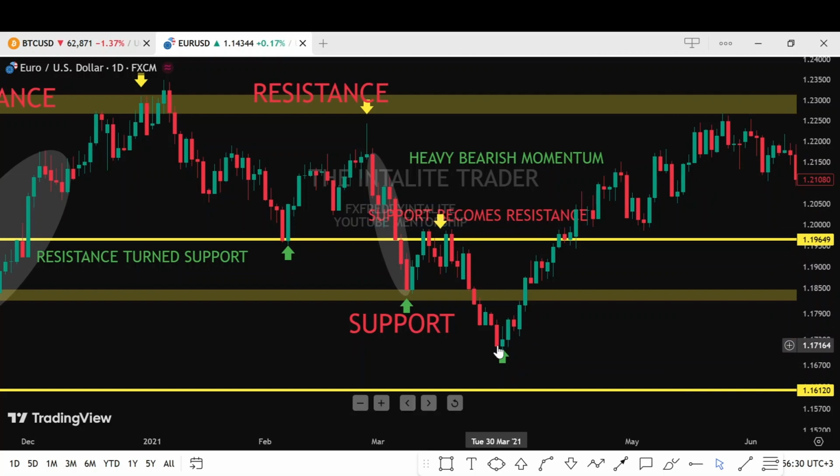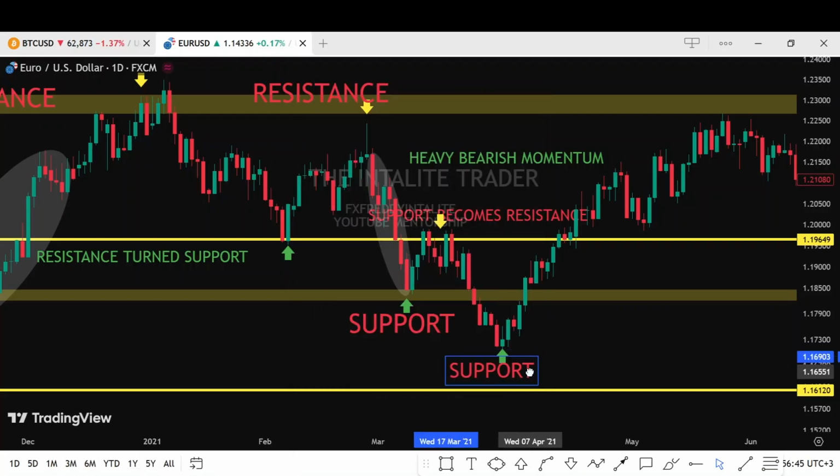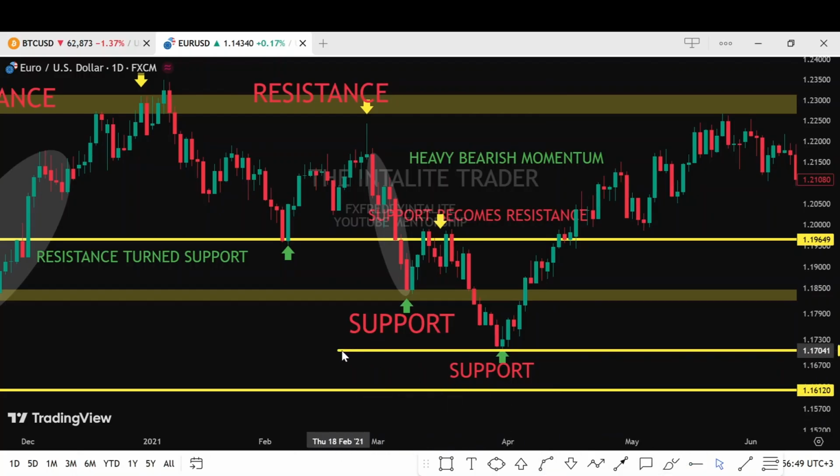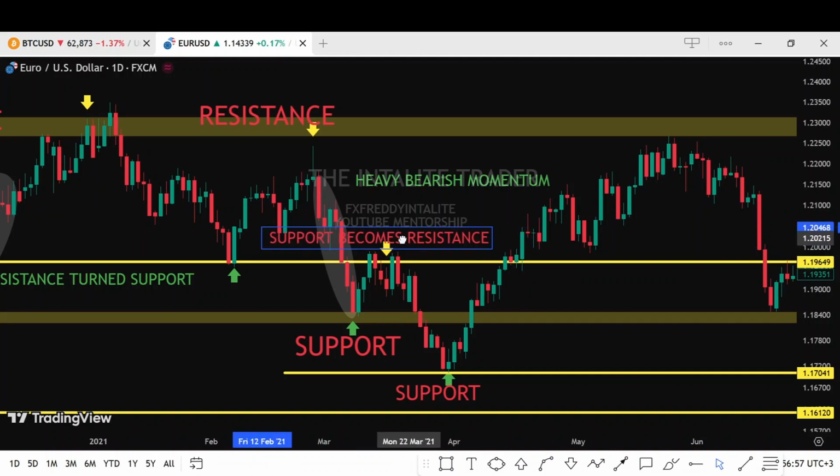This becomes support. So we have our support here. Support here. And you see price came into this support level. It got rejected. It continued to trade, breaking above this resistance level here.